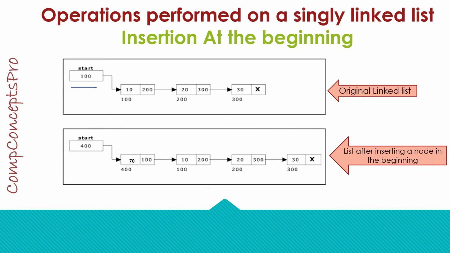So earlier this was the memory address that our start pointer was holding, and now this is the memory address which our start or head pointer is holding. Because the new node which has become the first node of our linked list is located at some other memory address.